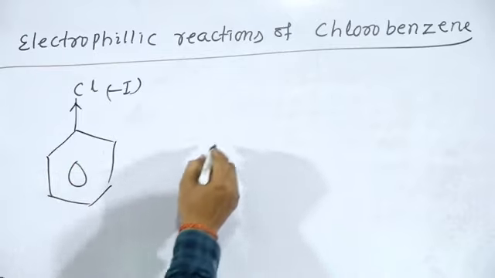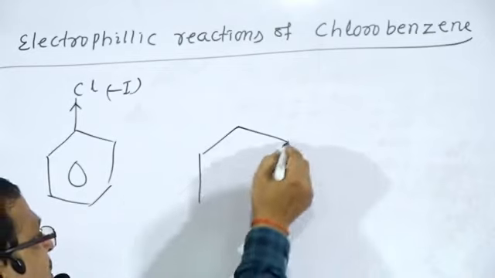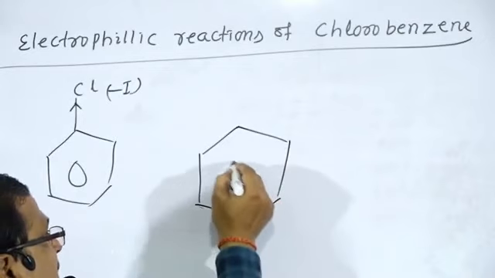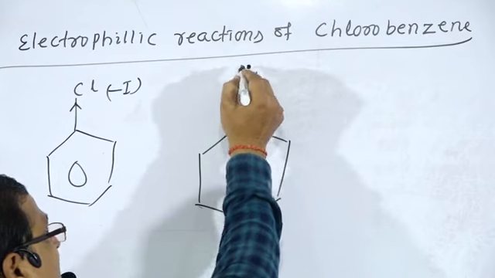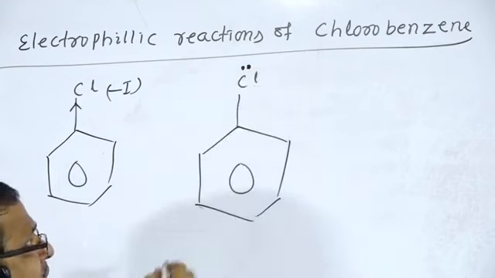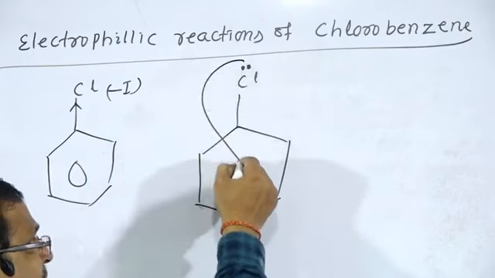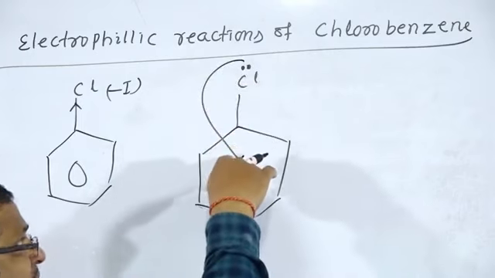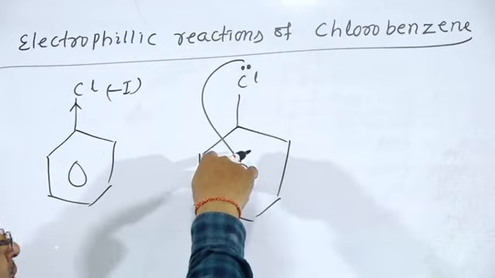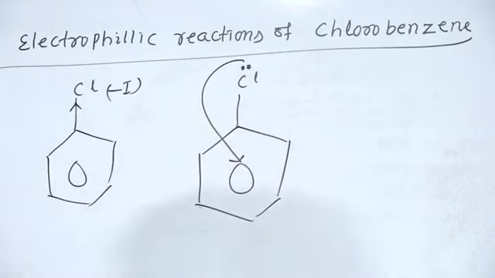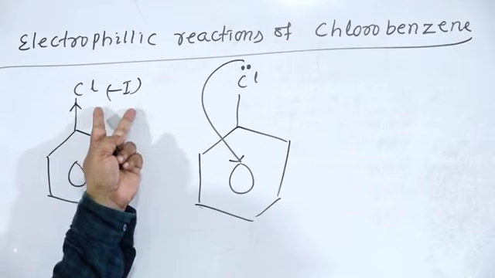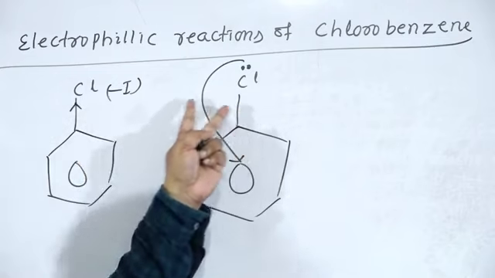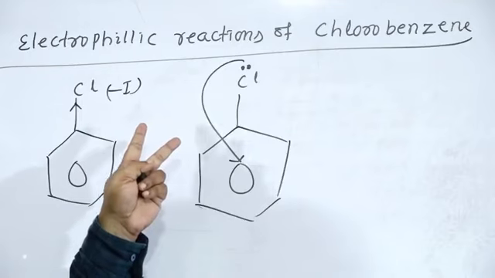But because of resonance, because of conjugation, the chlorine atom attached to the benzene ring contains a lone pair of electrons. So this electron cloud is shifted towards the ring. So two effects take place, inductive effect and resonance, in opposite directions.